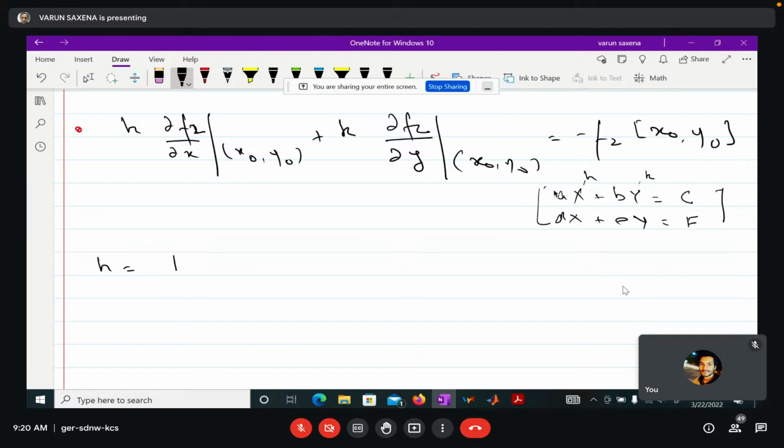So this is going to be, I think you know this because you must have done it in class 12. So this would be f1 at x naught y naught, minus f2 at x naught y naught.